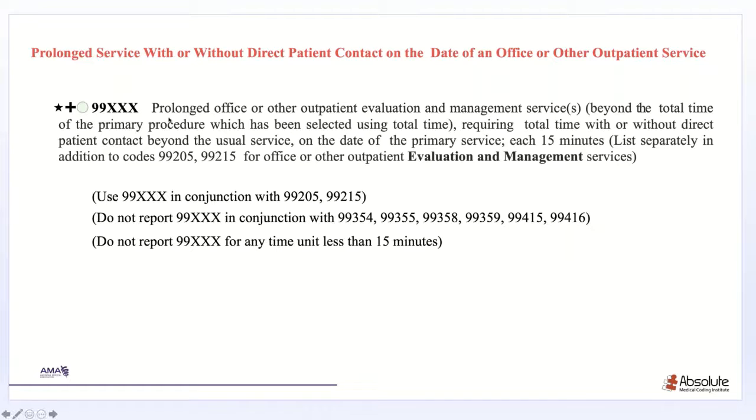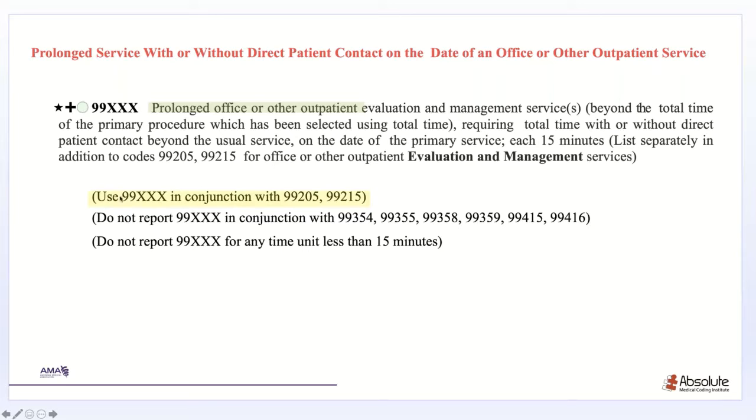Now 99XXX, this is the code for prolonged office or other outpatient evaluation and management services beyond the total time of the primary procedure, which has been selected using total time, requiring total time with or without direct patient contact beyond the usual service on the date of primary service, each 15 minutes, list separately in addition to codes 99205 and 99215 for office or other outpatient evaluation and management services.